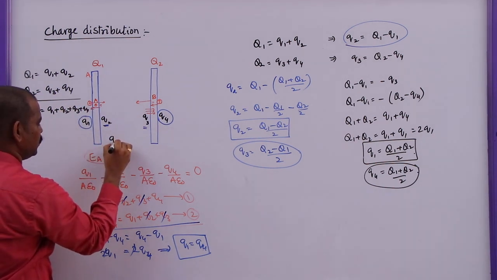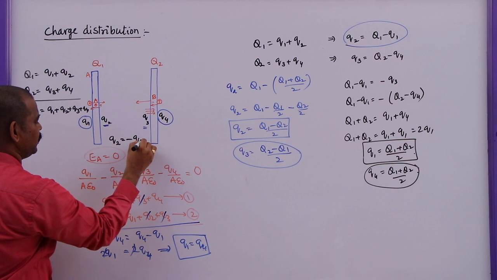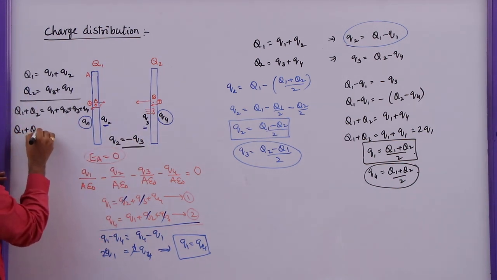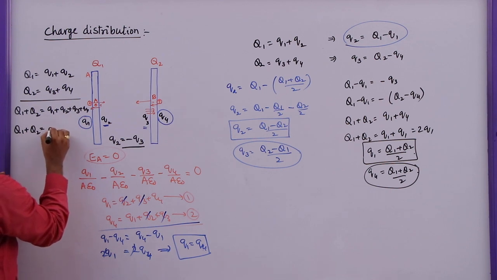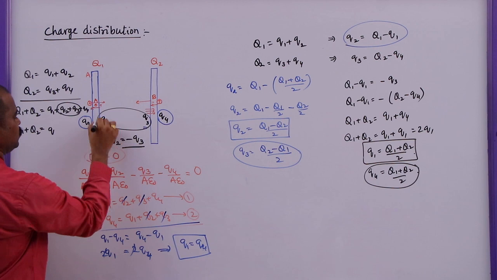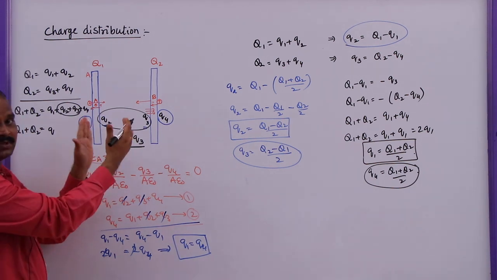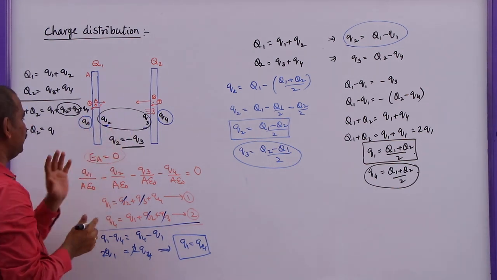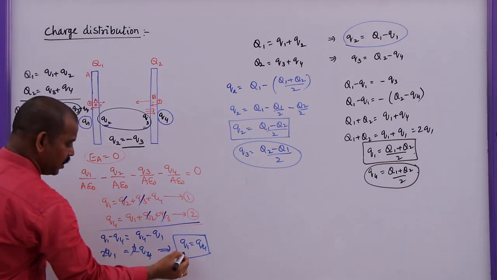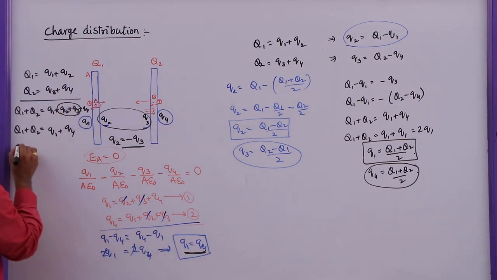But due to induction, we know that q2 is equal to minus q3. The sum of these two charges on the inner surfaces of the two conducting plates is always 0. So this will become q1 plus q4.